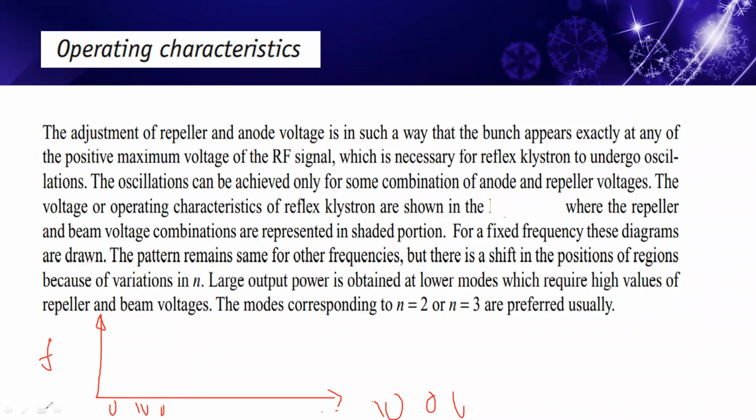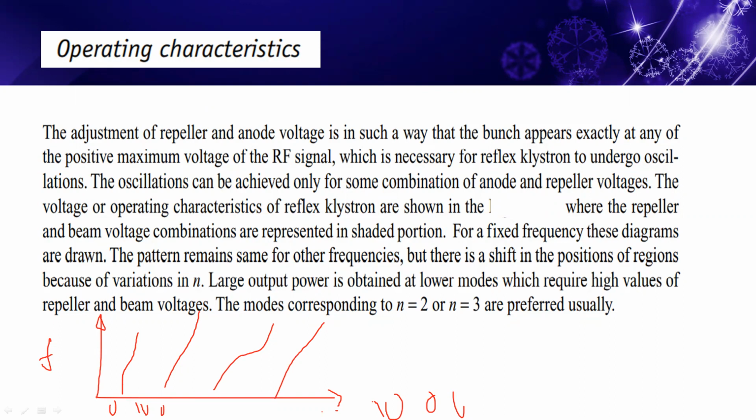What is the output frequency in gigahertz? Say 900 gigahertz. Whatever points we draw here are called the power output characteristics.